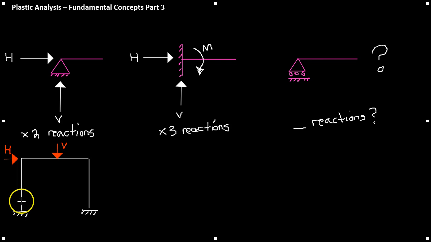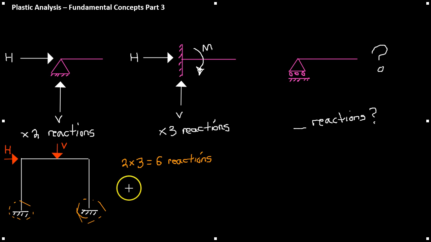And if you look at our portal frame here, we have 2 fixed end connections. Therefore, the number of reactions in this system is 2 times 3, because we have the fixed end, 3 reactions, moments, horizontal and vertical, so 3 times 2 equals 6. Therefore, our n is equal to 6 minus 3, 3 being the equations of equilibrium, and obviously that is equal to 3.